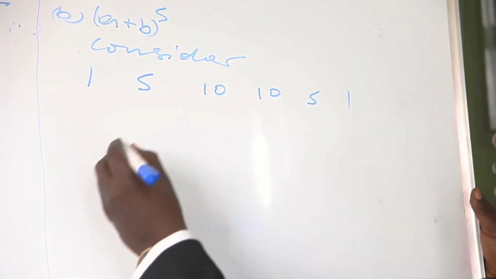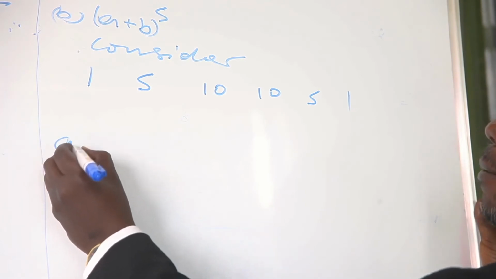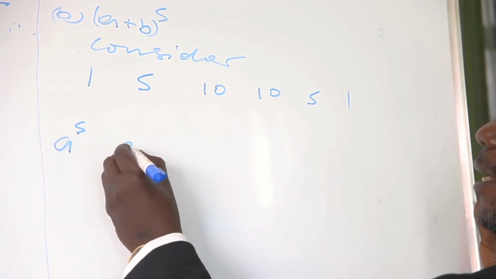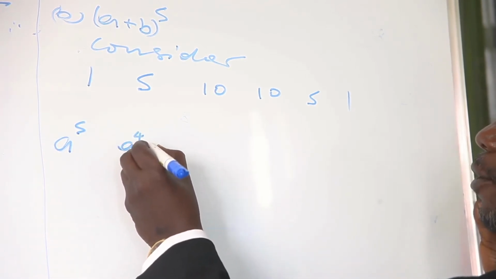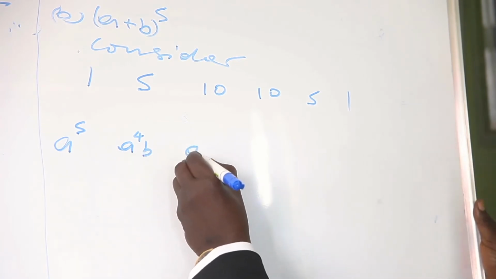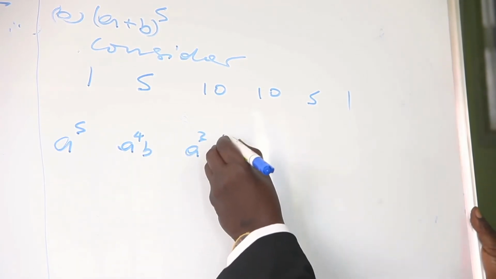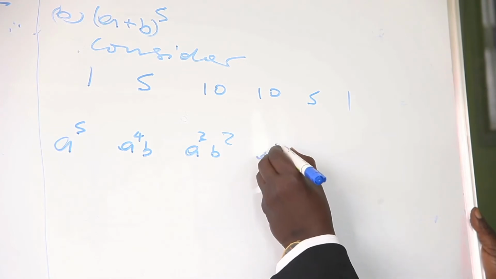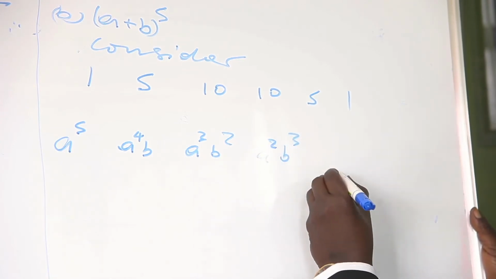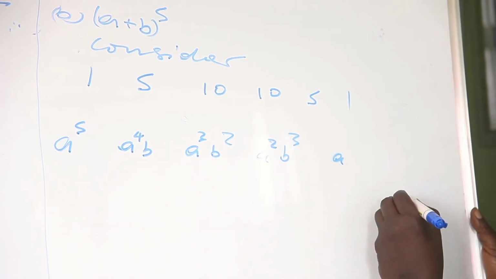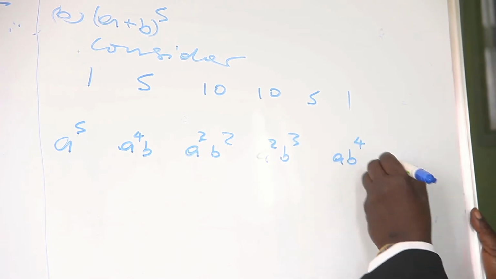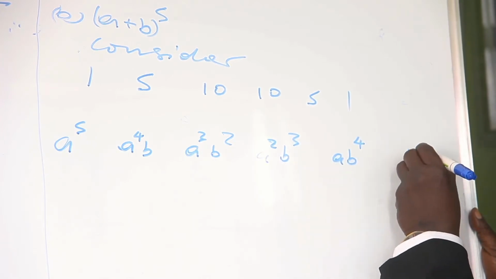So here we shall be having A power 5, then A power 4 B power 1, then A power 3, B power 2, then A power 2, B power 3, then A power 1, B power 4, and then we have B power 5.